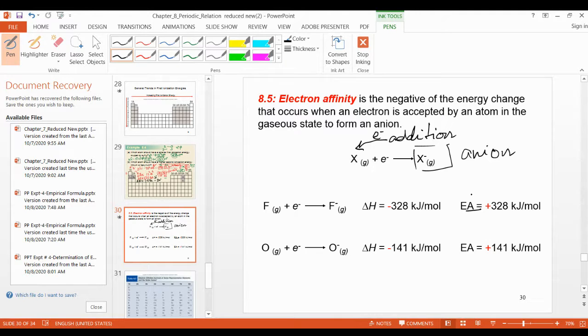Electronegativity is high from left to right. So oxygen is here and fluorine is here. Fluorine has more attractive power than oxygen. It will receive an electron by an attraction force of 328, while this one is only 148 kilojoules.